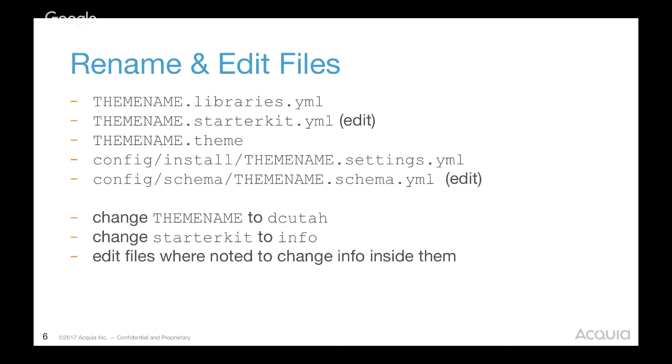So DC Utah. The one tricky part is starter kit. The word starter kit has to be changed to info so that your theme will actually be detected by Drupal. There's a couple of edits within that file that we need to do, hence I wrote edit next to it. Theme name, you change all that to DC Utah.